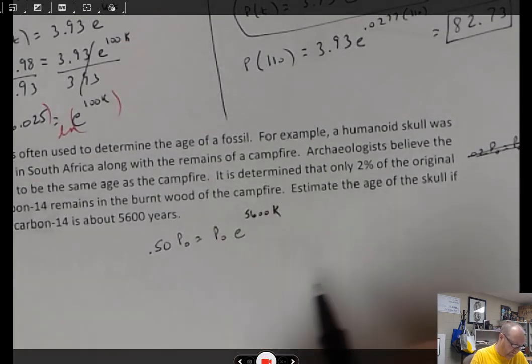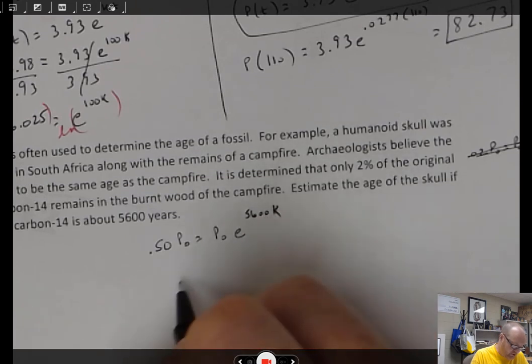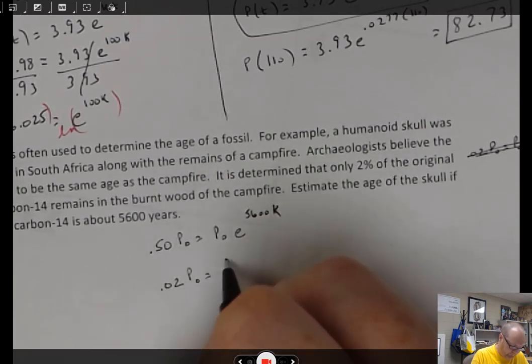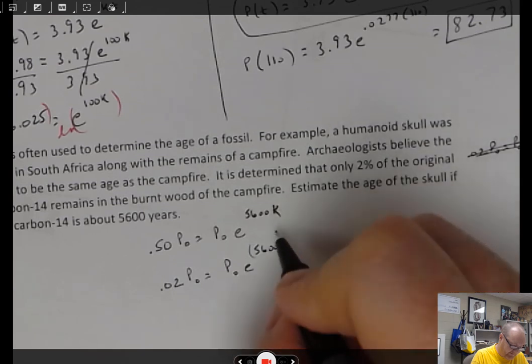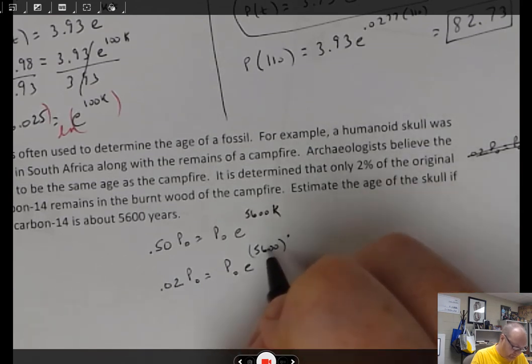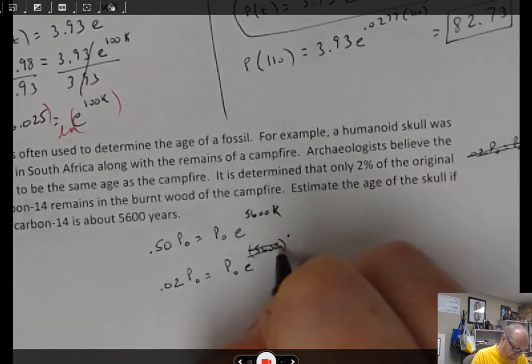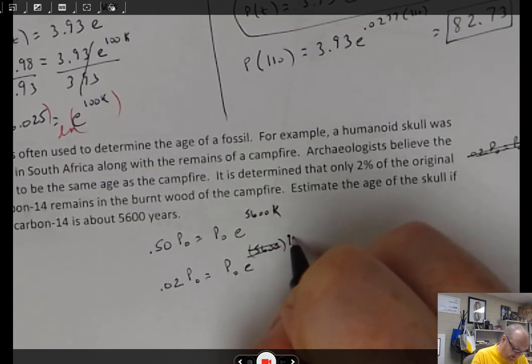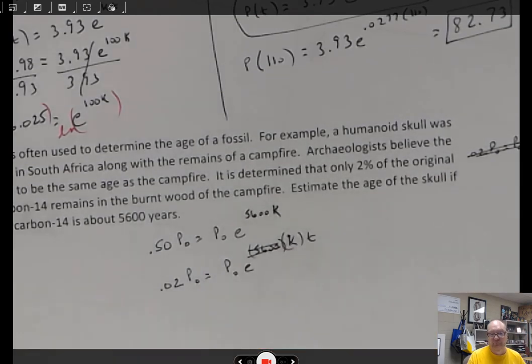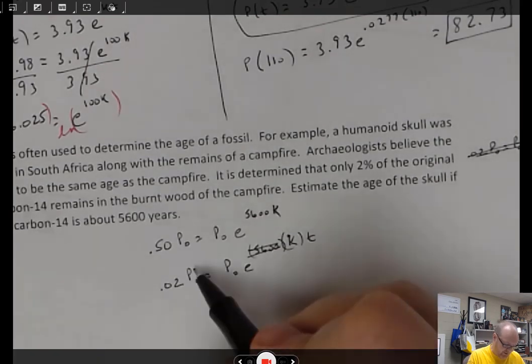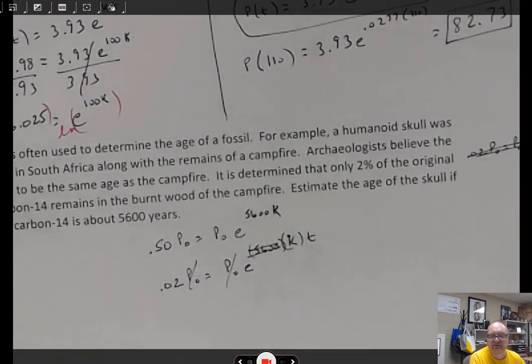And then once you find k, you'll want to solve for 2% of the original. Sorry, 5,600 is the half-life. Whatever k value, some k, which will be a number, times some time, right? And that's ultimately what we want to solve for. I never have to know what the original amount was because it'll divide away.